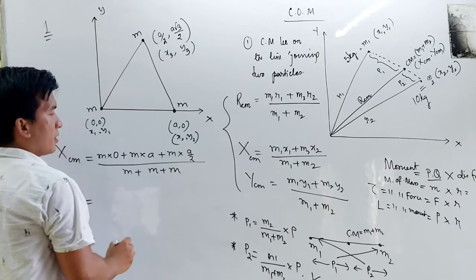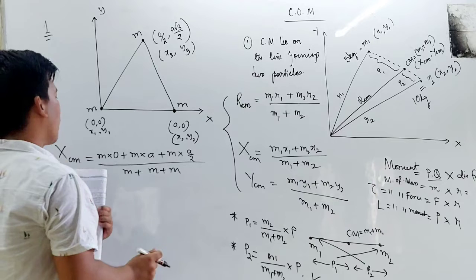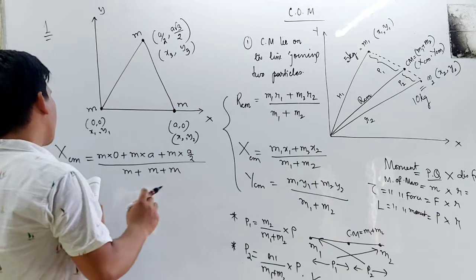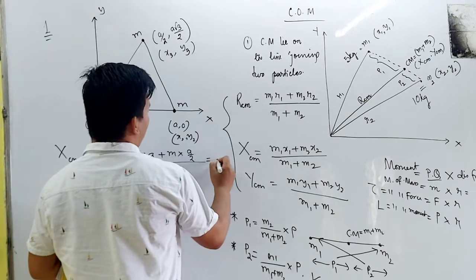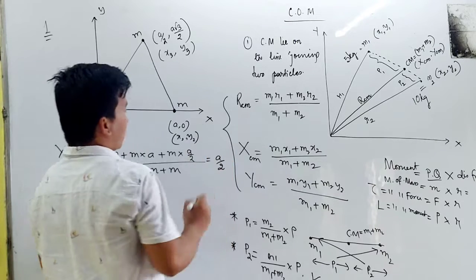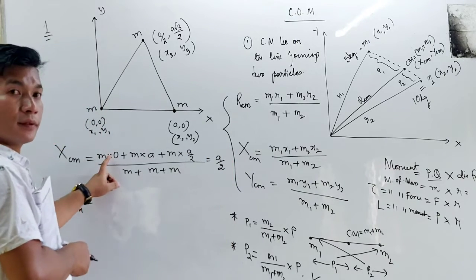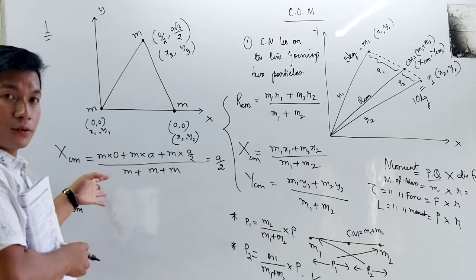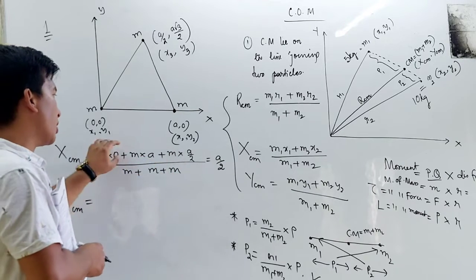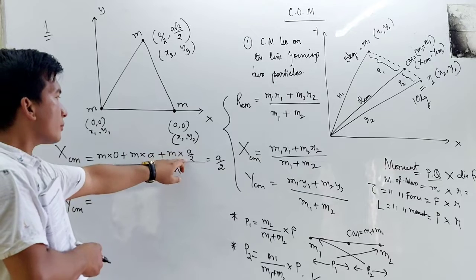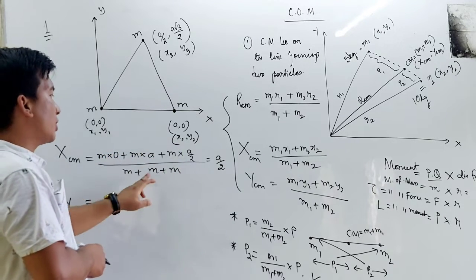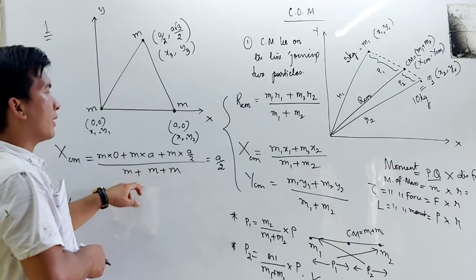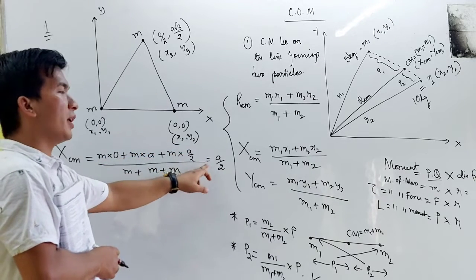After simplification, this will be 0, this will be twice ma plus ma, 3ma by 2, and the denominator is 3m. So 3m cancels out and we remain with only a by 2.